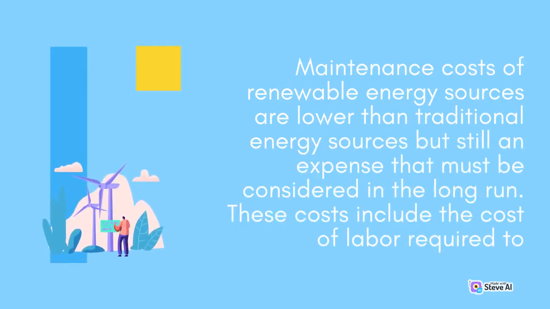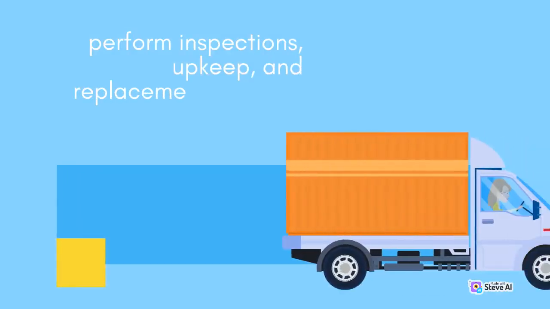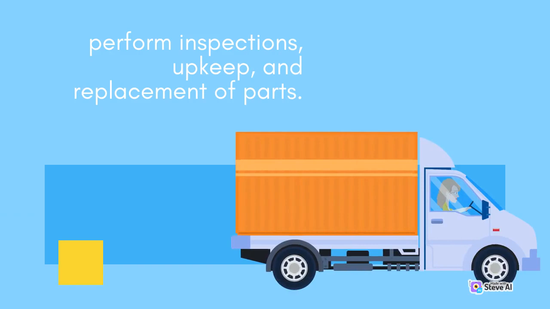Maintenance costs of renewable energy sources are lower than traditional energy sources but still an expense that must be considered in the long run. These costs include the cost of labor required to perform inspections, upkeep, and replacement of parts.